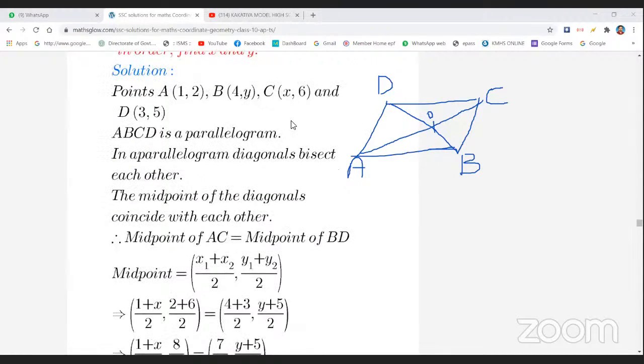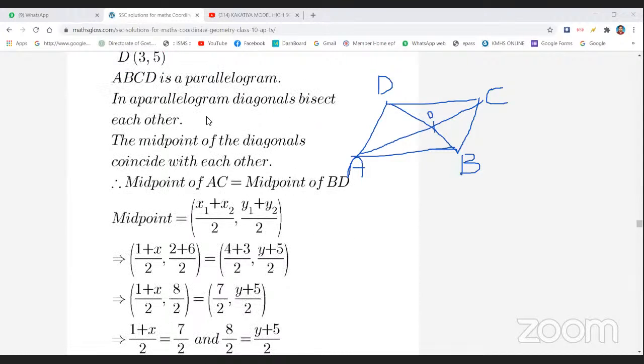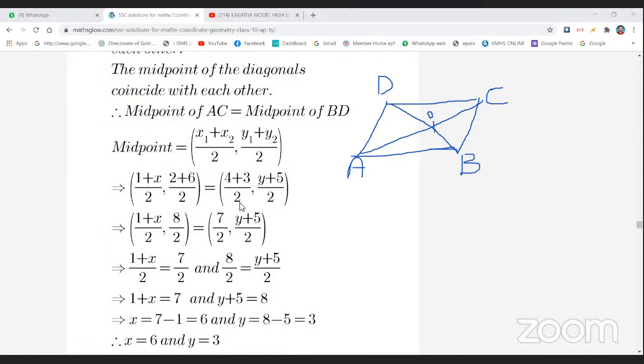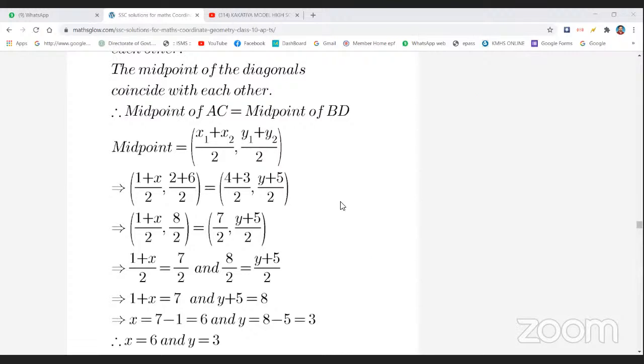So we need to find the midpoint. What is the midpoint formula? Consider the segment AB. The midpoint of AB will be the center of the line segment.